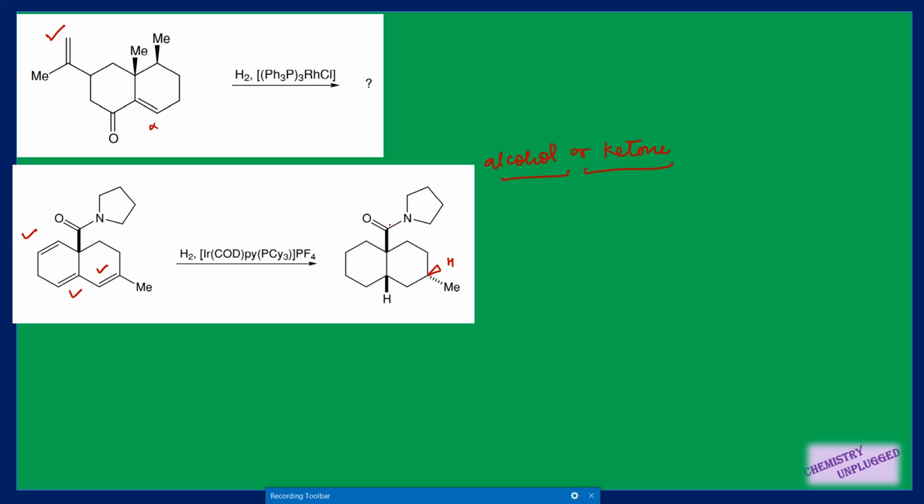Or you may consider it like this: the mechanism is that this iridium metal forms a complex with this carbon having oxygen, with this oxygen and this double bond, right? Because the side of this ketone is above the plane, and this amide is above the plane, it will also attach the proton from the same side.